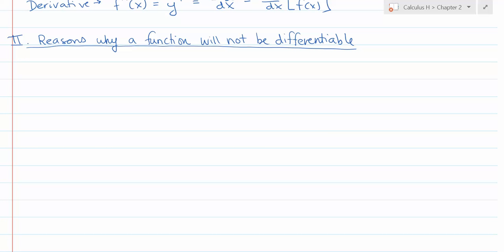But the first one is that f of x has a discontinuity at x equals c, some point.